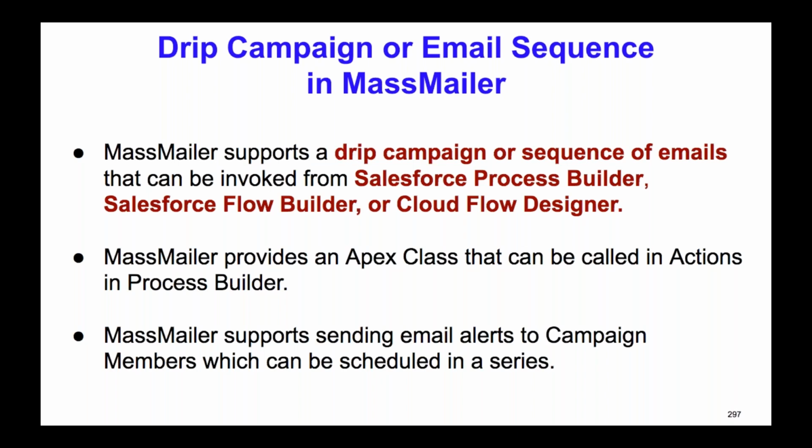Assume that what I'm going to demonstrate today is just one approach. There could be 100 different approaches to how you can trigger a drip campaign. But I at least want to cover the fundamentals so that you get an idea what a drip campaign means and how that can be triggered using process builder within MassMailer.